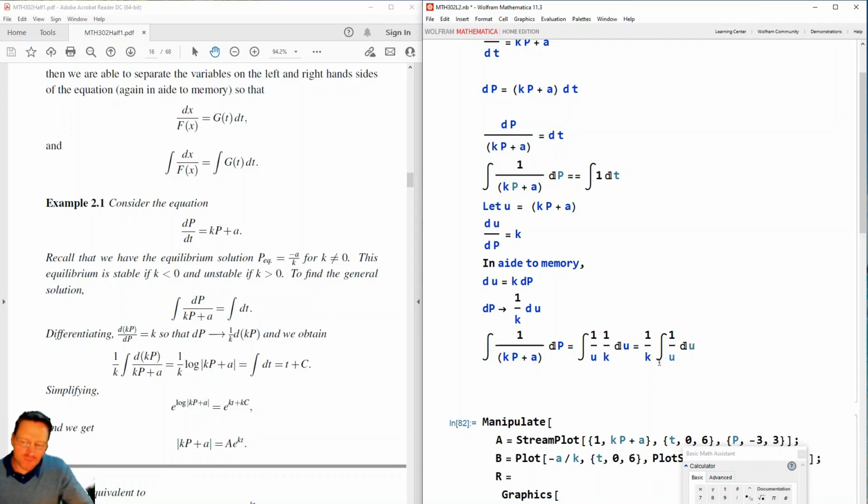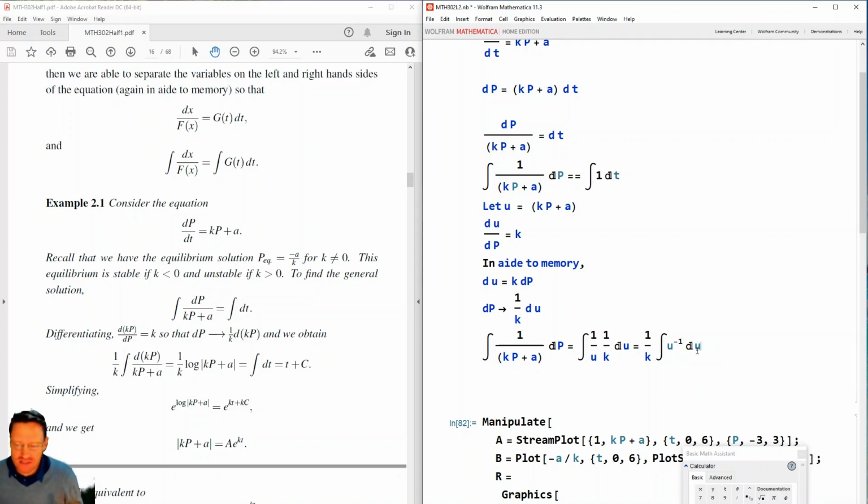Now this is the exceptional case here because we can write this 1 on u as u to the power of minus 1. And it's exceptional because if we were to add 1 to the exponent, we would have a 0 exponent.